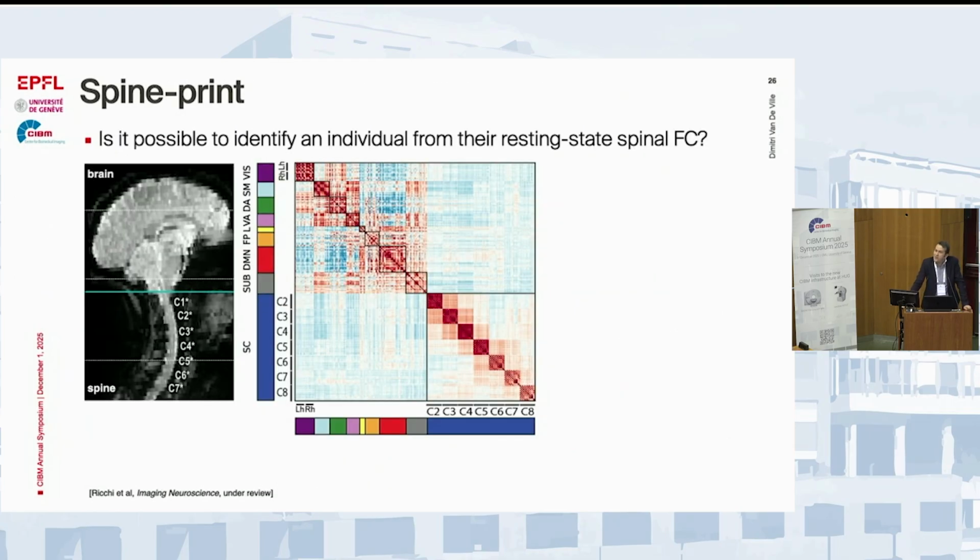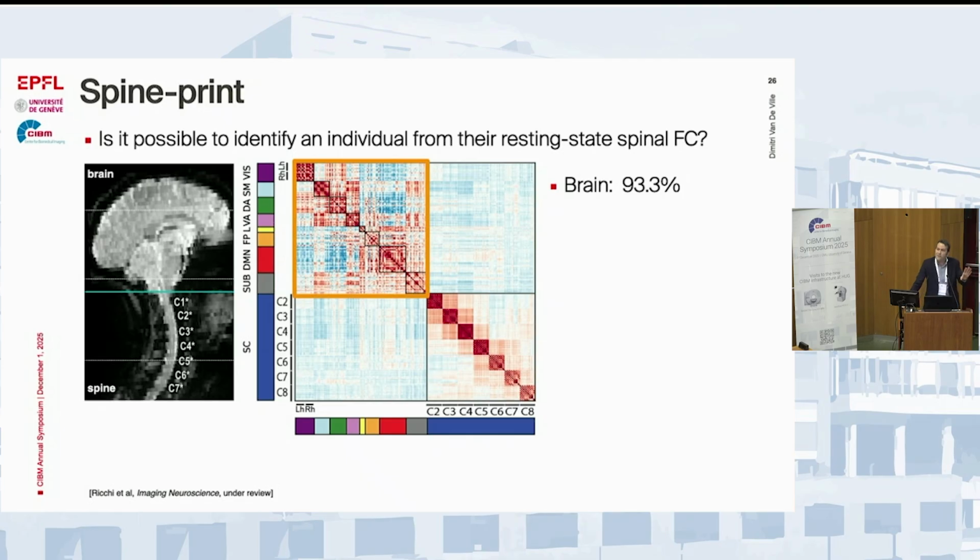Another application you can do, which is inspired from what people do at the brain level, is a spine print. Now, you already mentioned the fingerprinting. This is essentially spine fingerprinting. So is it possible to identify an individual from their resting state spinal cord fMRI? We use here the simultaneous brain and spine data.